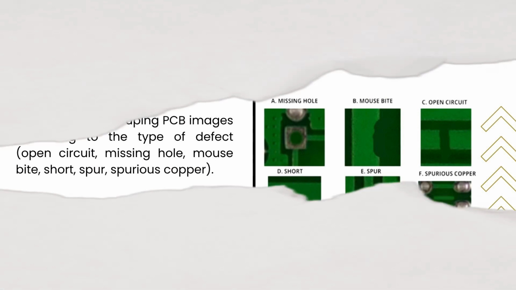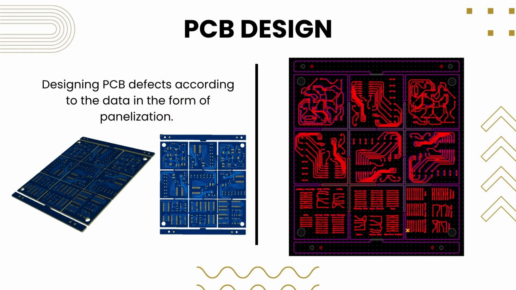all accurately. This slide shows the PCB design we created using EasyEDA. This PCB was made as a test object that includes several artificial defects, such as missing hole, open circuit, short, spur, mouse bite, and spurious copper. Each defect was placed intentionally and precisely in different areas of the board to represent real defect conditions that often occur in manufacturing.